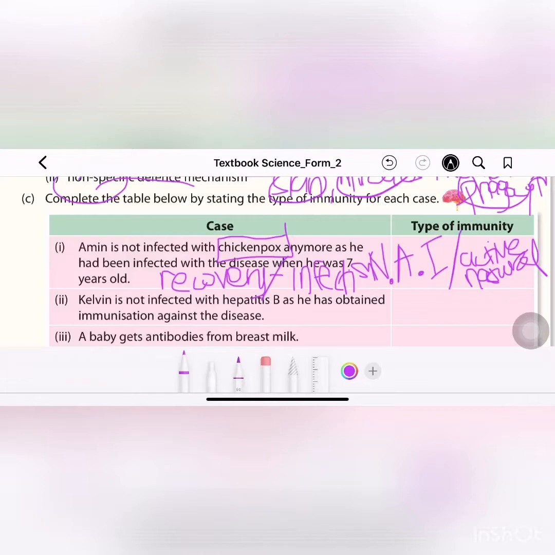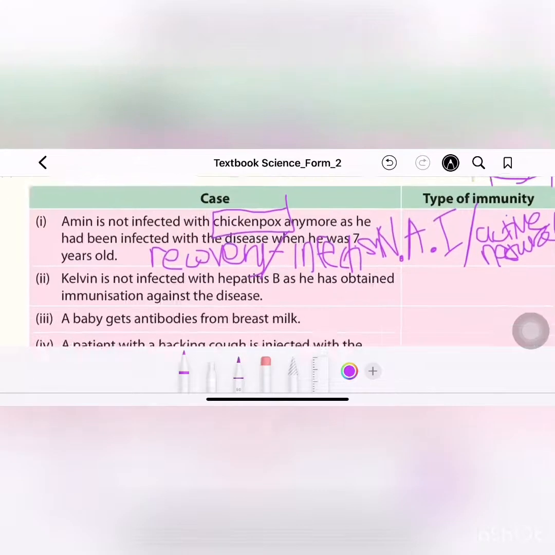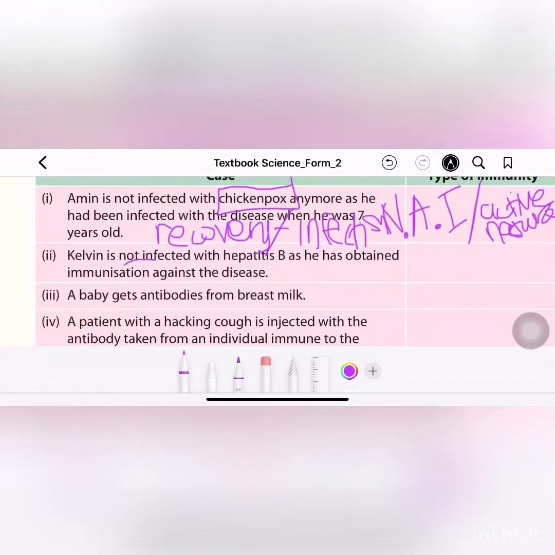Not all diseases work this way. Number 2, Kelvin is not infected with hepatitis B as he has obtained immunization against the disease. How? Because he takes a vaccine. So the keyword is vaccine.